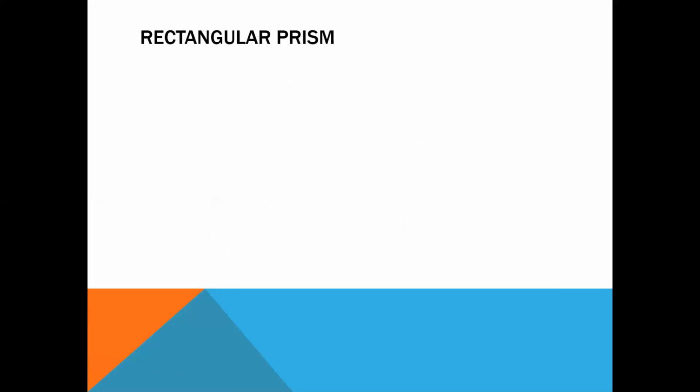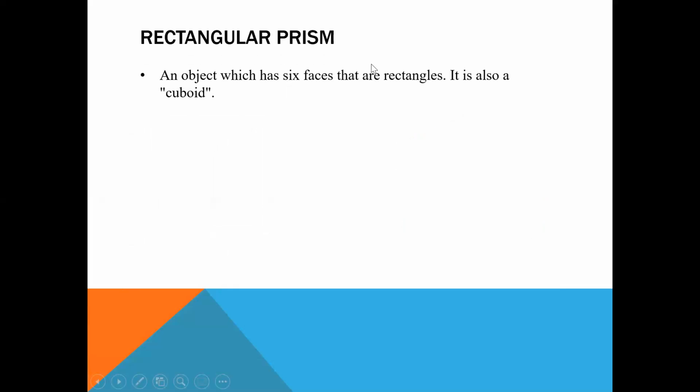The rectangular prism. A rectangular prism is an object which has 6 faces that are rectangles. The difference here is that they are not equal, but it's a rectangle. It's also called a cuboid. As you can see, it's long on one side and short on the other side.